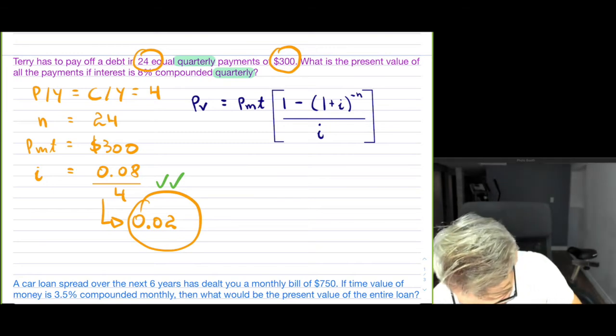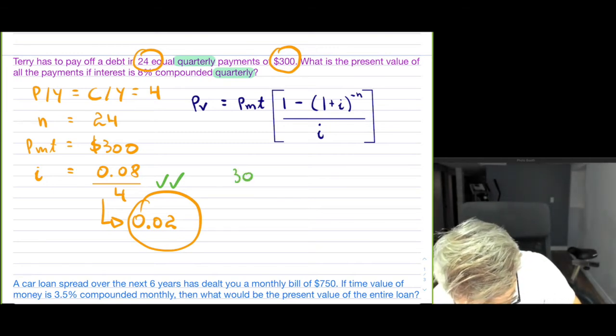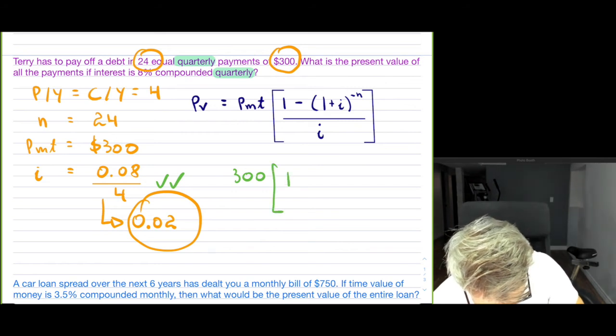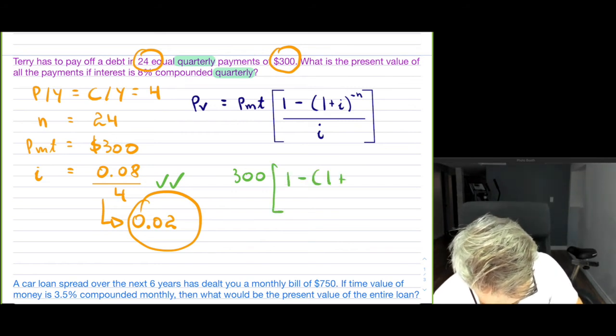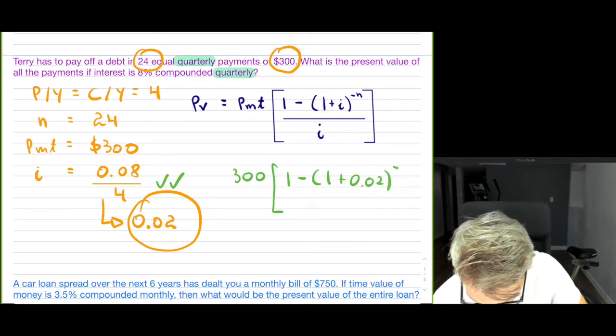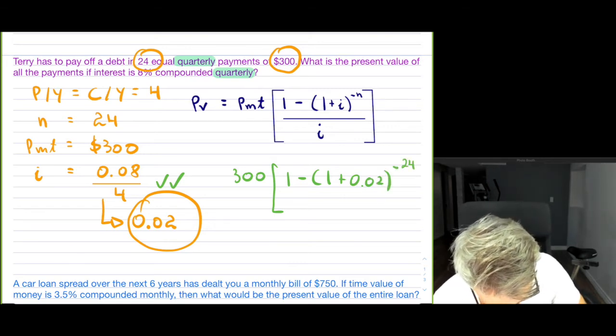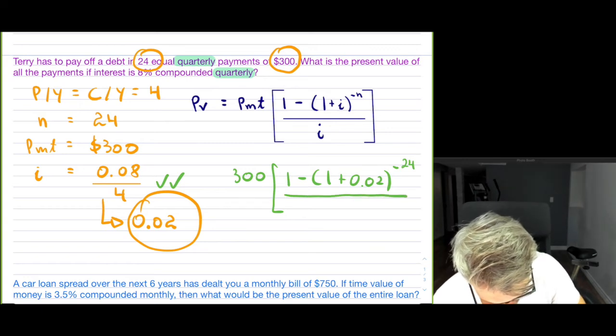Now if I substitute everything in, I have 300 times 1 minus 1 plus 0.02 to the negative 24, divided by 0.02.